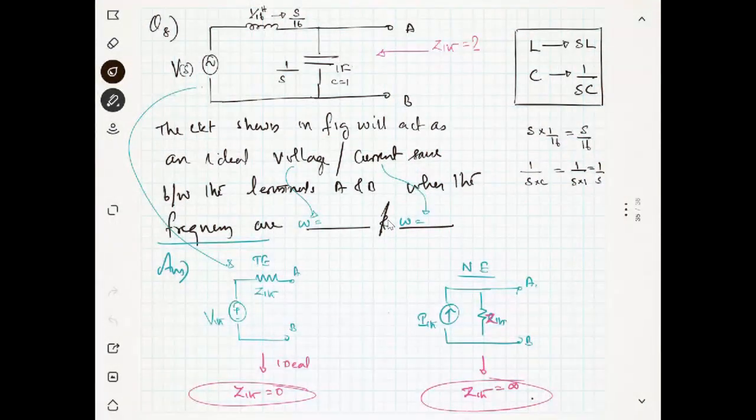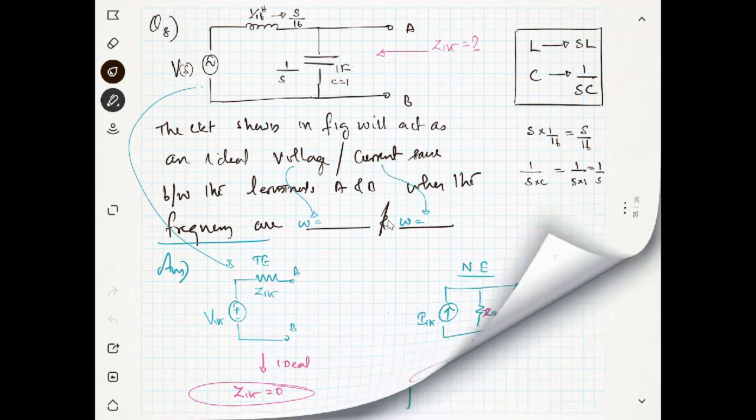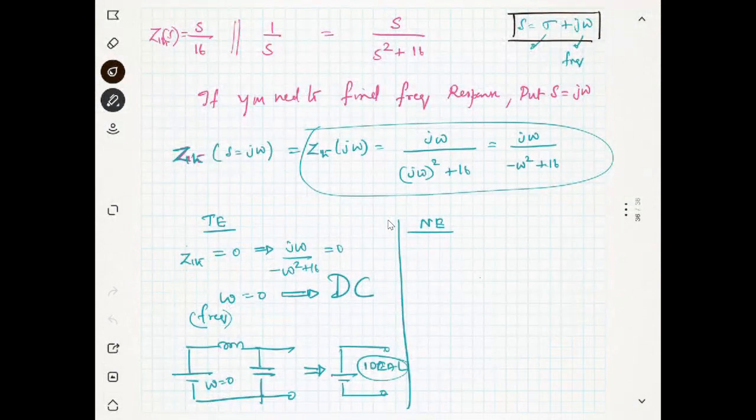Z Thevenin is infinity means it's an open circuit. So Z Thevenin is equal to infinity. That means minus omega square plus 16 should be equal to 0 from this equation. Am I correct? Yes, sir.